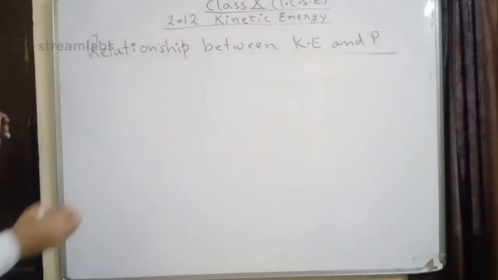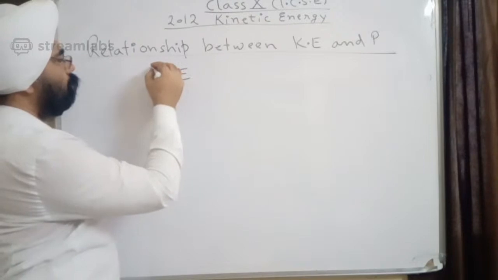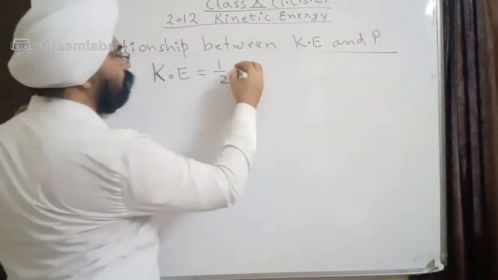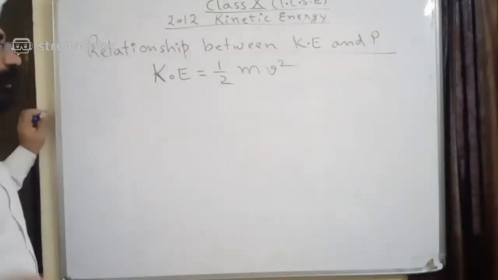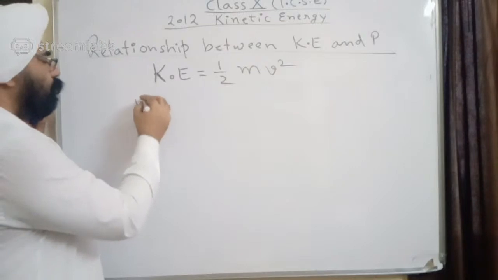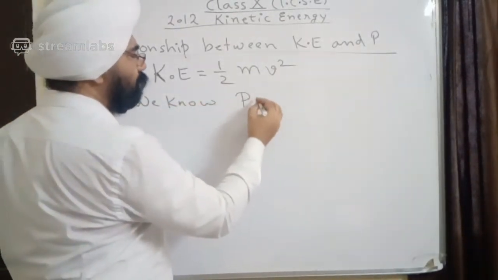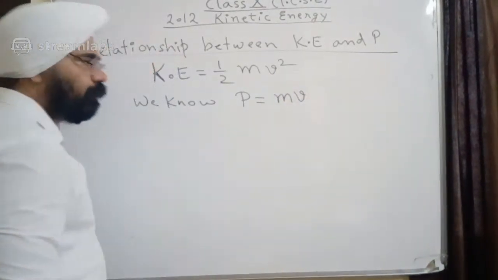Okay, we have just found out that kinetic energy is equal to half mv square, right? And in class 9 we have studied that momentum is equal to mass into velocity, right?